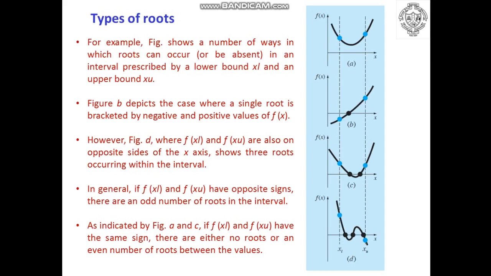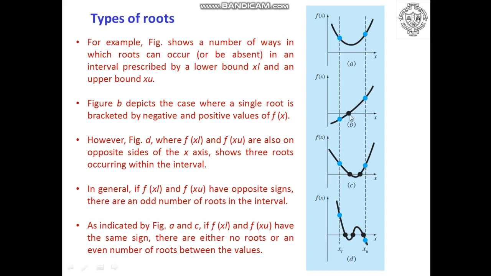So the lower bound and upper bound are nothing but two initial guesses. We can say one is at the lower bound and another one is at the upper bound. In figure B, you can see a case where a single root is bracketed by negative and positive values of f(x).